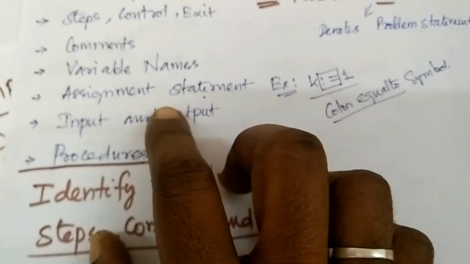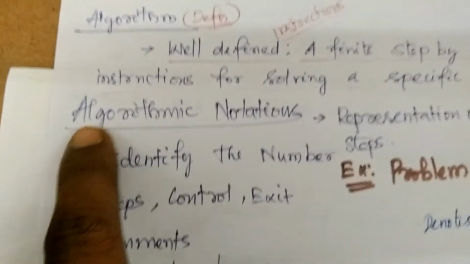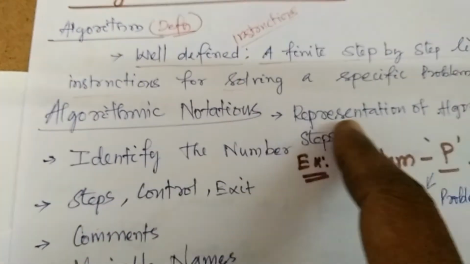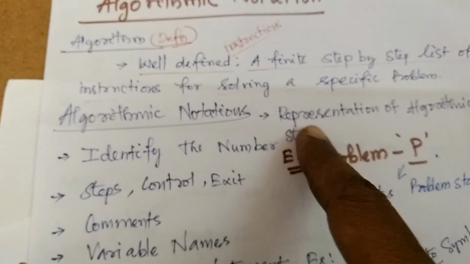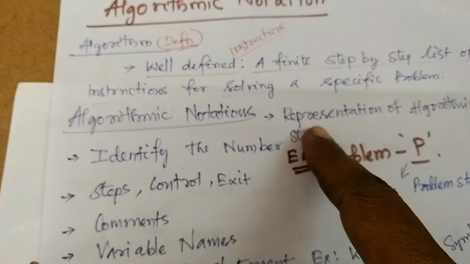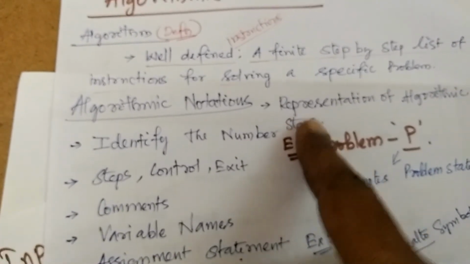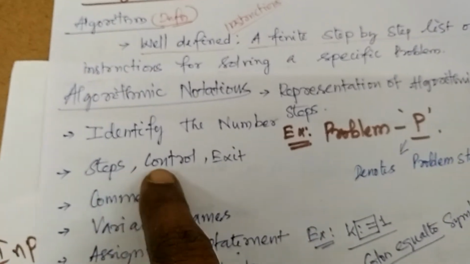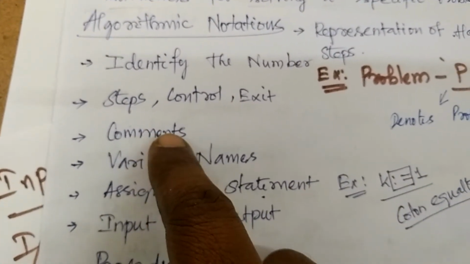Okay, so here I finish the topic, the algorithmic notations. The algorithmic notations give the representation of the algorithmic steps, procedures or instructions. The terms identify the numbers, steps, control and exit, and commands.